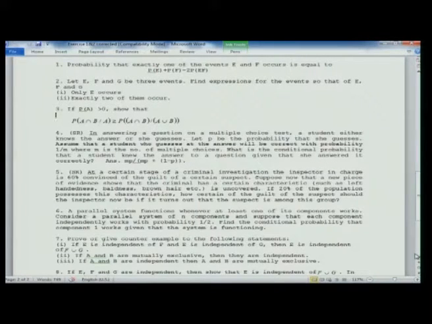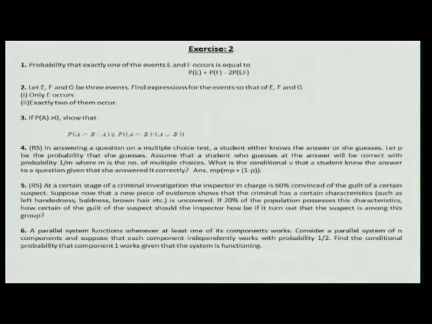So, I just gave it to you to figure out these things, and if you write out the expressions, you can immediately give the answer to this question.